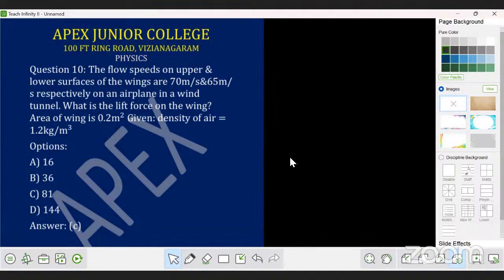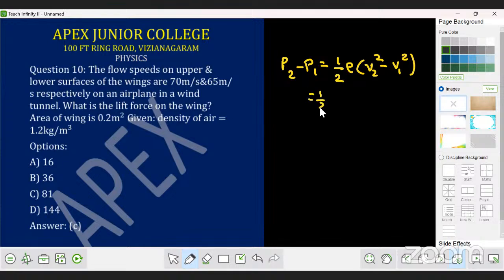So, in case of wings, if velocities are given at upper part and lower part, then you have a basic equation that pressure difference is nothing but half rho into v2 square minus v1 square, difference in squares of velocities. Okay, it is from mechanical properties of fluids only.